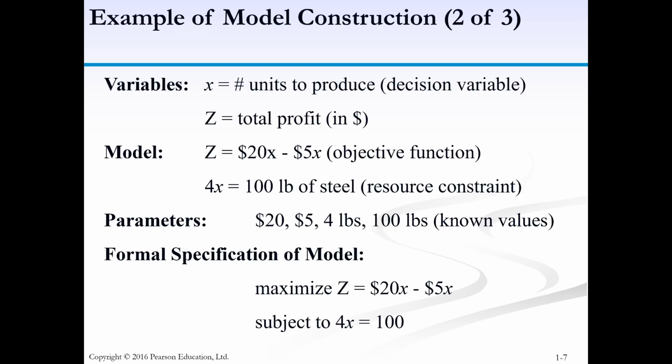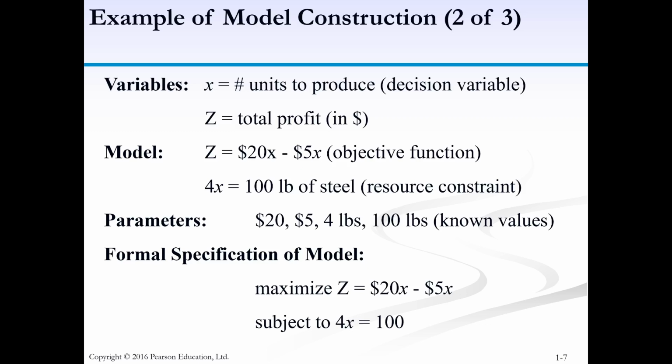Our model is that Z is equal to 20X minus 5X. 20X is our revenue: 20 is the sales price, multiplied by the number of units you produce, which gives total sales. Minus 5X is the cost of production, 5 multiplied by the number of units you produce, X.